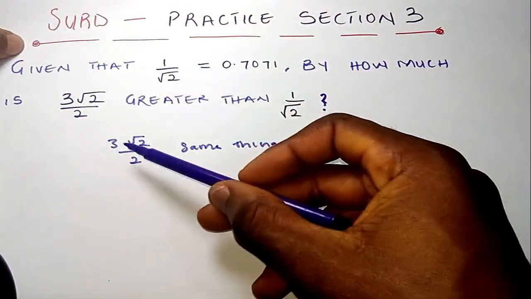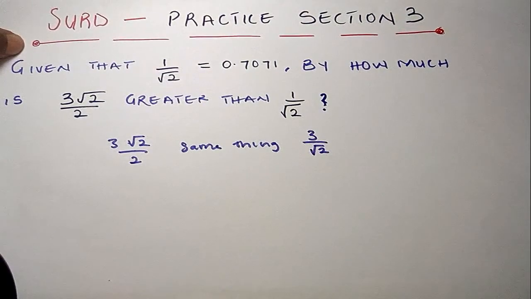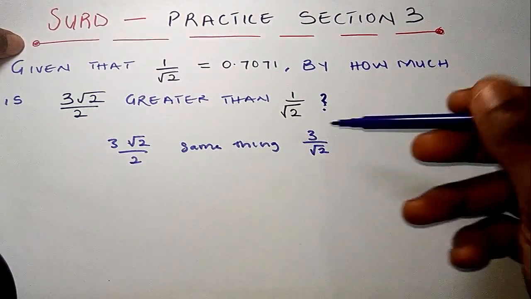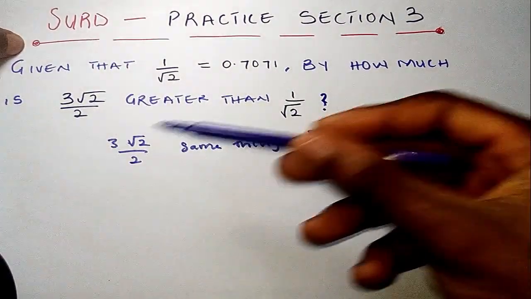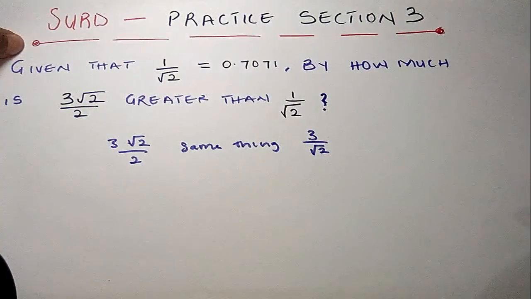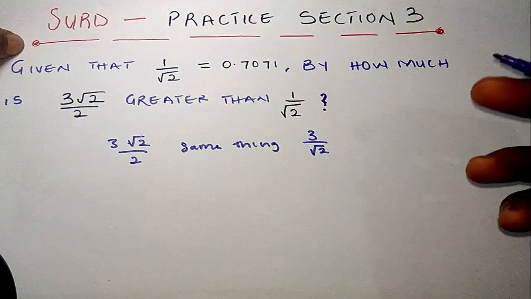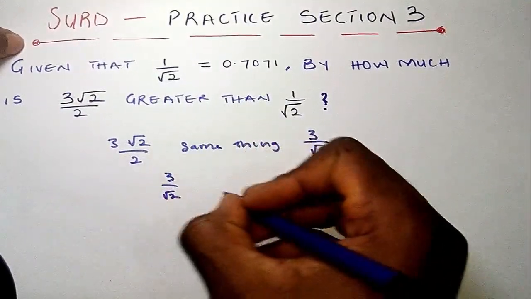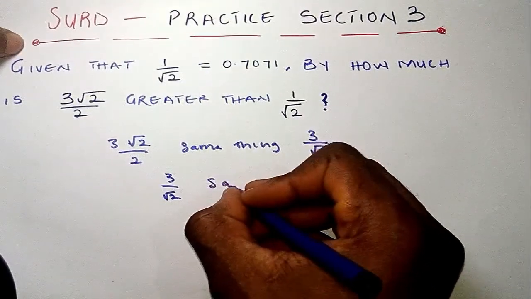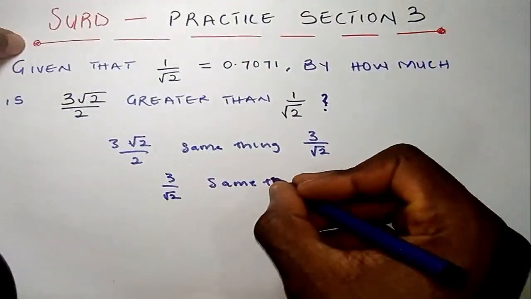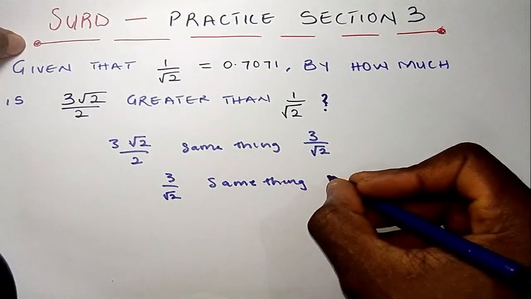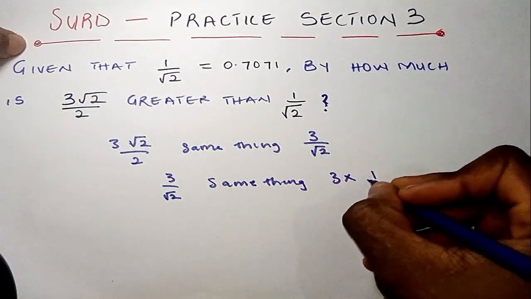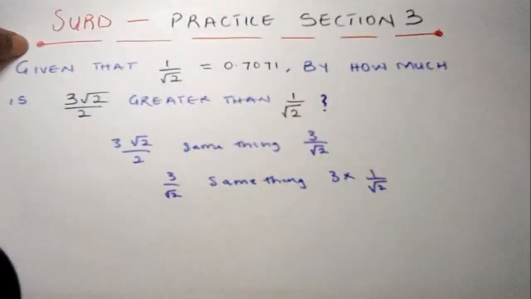This is the rationalized form of this. Because if you multiply top and bottom by root 2, you get 3 root 2 over 2. So now it takes a lot of thinking for you to understand that. Now once you've understood that, you understand that 3 over root 2 is the same thing as 3 times 1 over root 2.